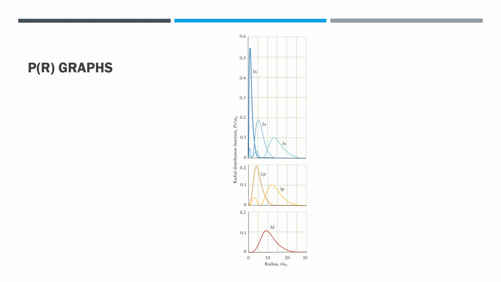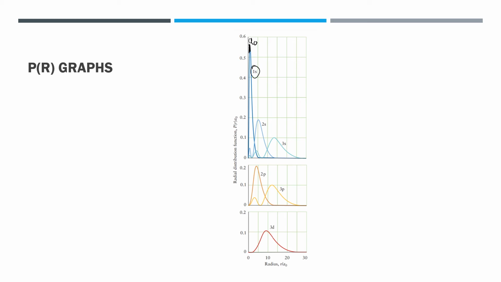Now I just want to look at some graphs of the radial distribution function, just to observe what they look like and make some sense out of them. If we look at the 1s radial distribution function, you can see it peaks right here, and this peak corresponds to a0, our Bohr radius.